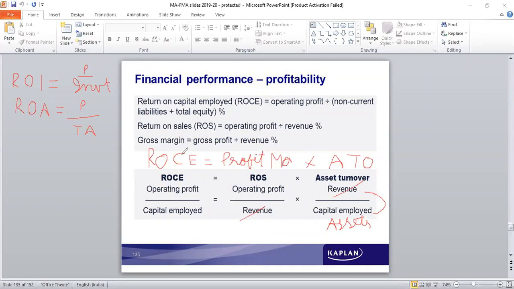Under the balance sheet, we can also calculate ROI. If the term mentioned is investment, we calculate ROI. If we have the assets, we can calculate ROA.